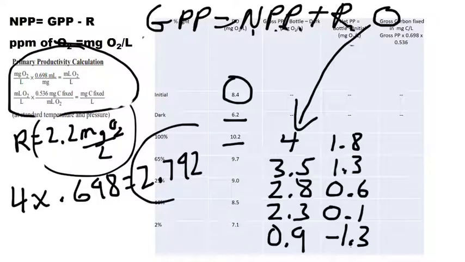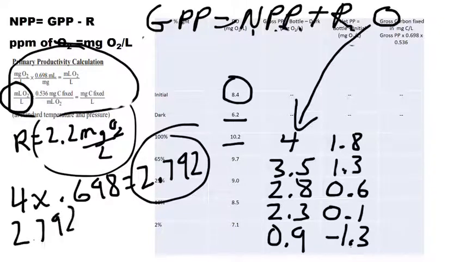Alright, so now we're going to take the answer from the top equation, 2.792, and plug that into the second equation. So 2.792 milliliters of oxygen per liter of water times 0.536. And again, that's just a stoichiometric conversion factor. It's using the amount of oxygen produced by photosynthesis to calculate how much carbon was actually fixed or incorporated into the organic molecules of the photosynthesizer.